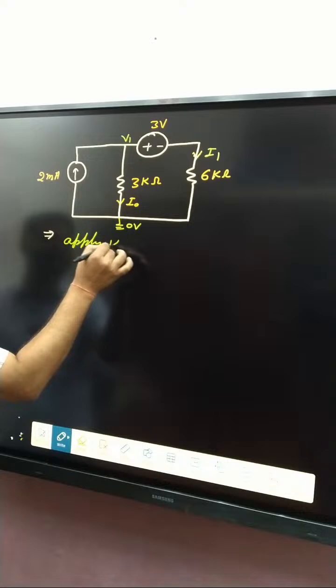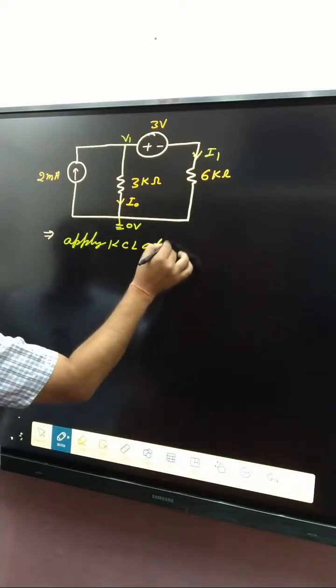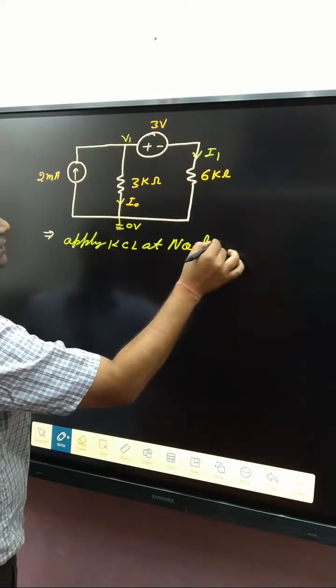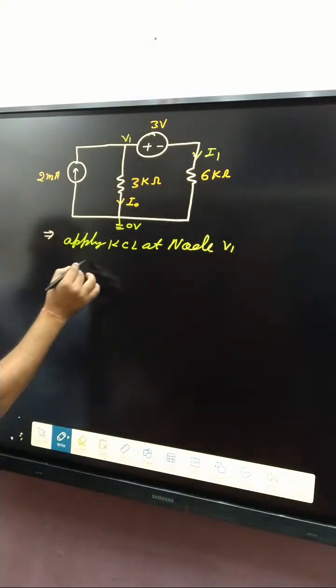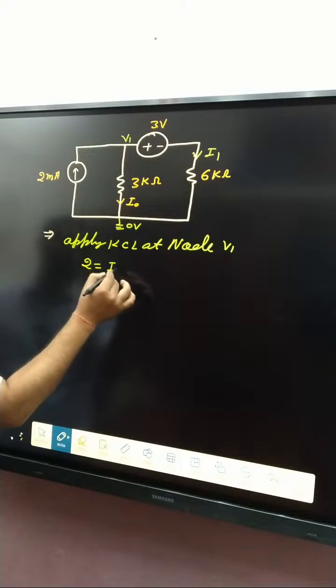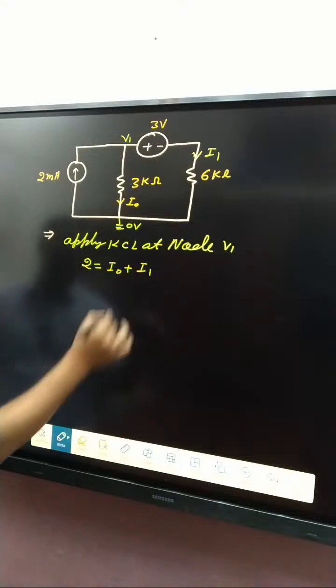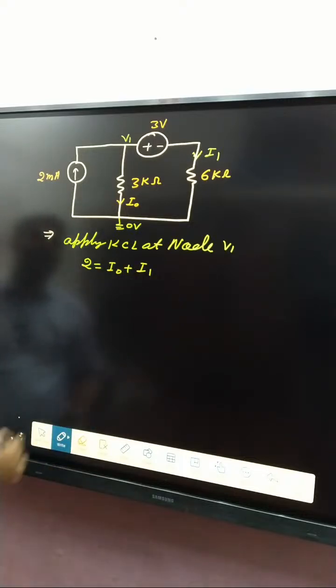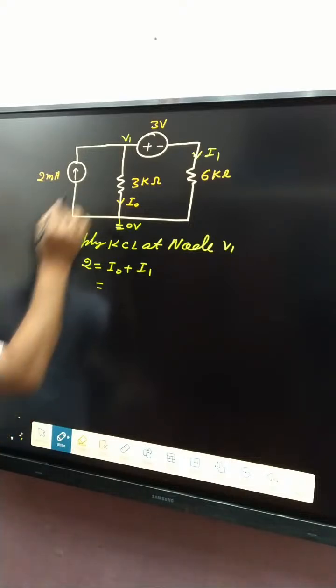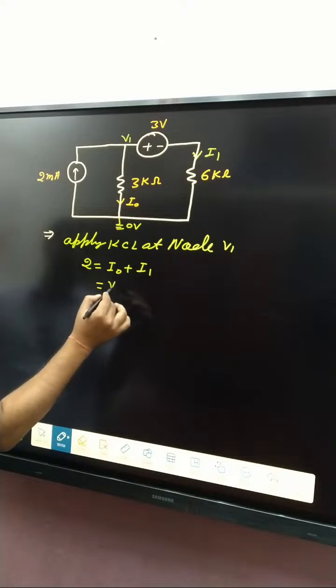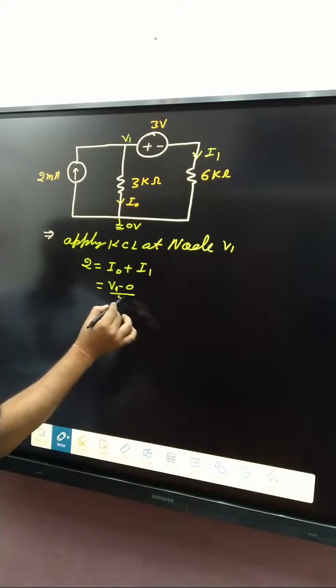Apply KCL at which node? At node V1. Incoming current is 2 milliampere. Outgoing current is I0 plus I1. I0 is V1 minus 0 divided by 3 kilo ohm.